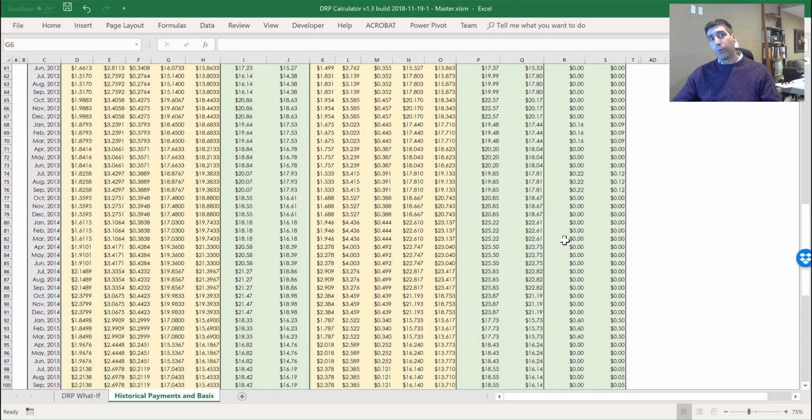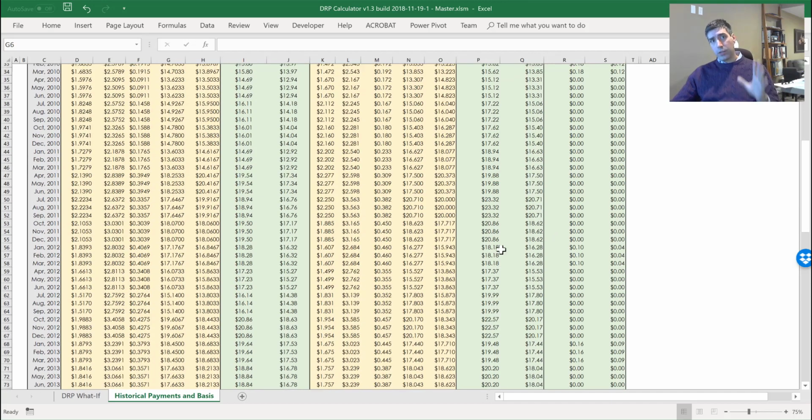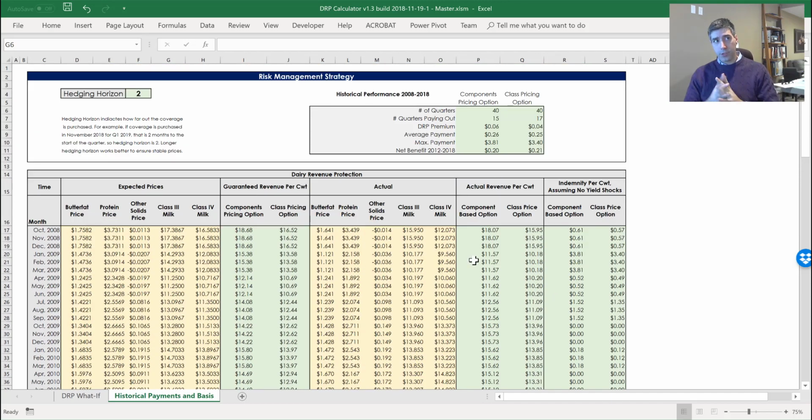Again, the same message as before. If you really want to have a risk management program that is effective, that offers substantive protection against crises that are deep and prolonged, the only way to do that is to hedge distant months. Hedging 2 or 3 months out is not going to help you much there.